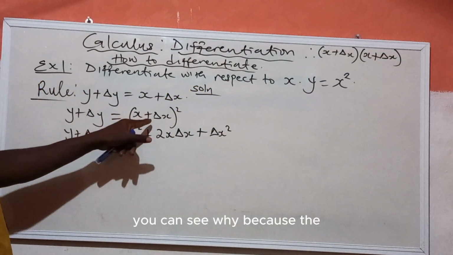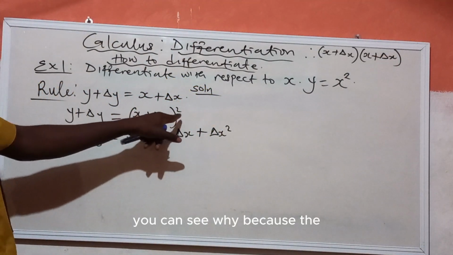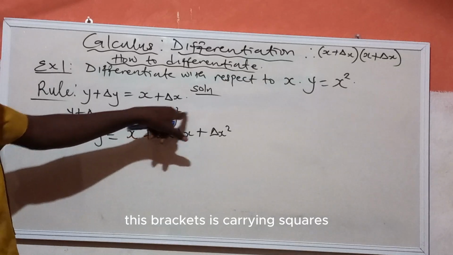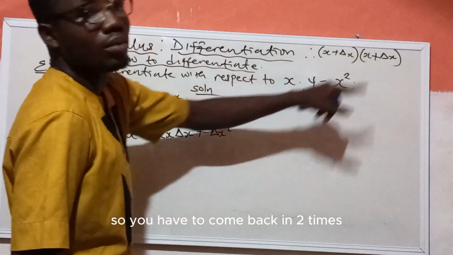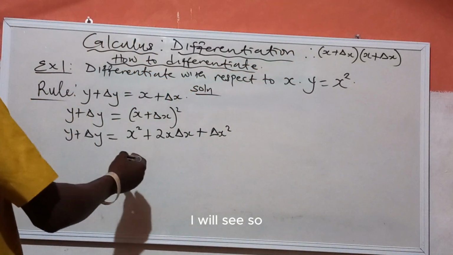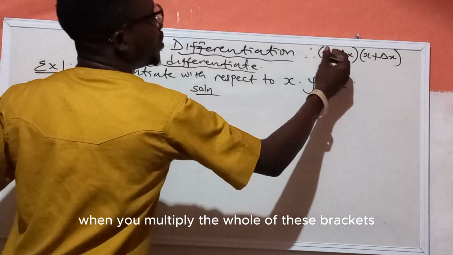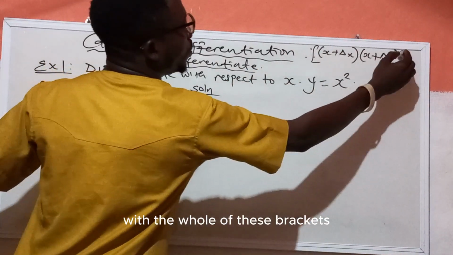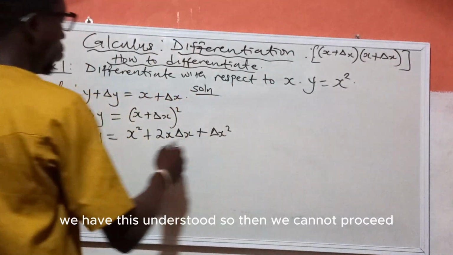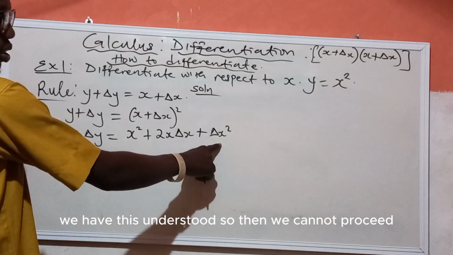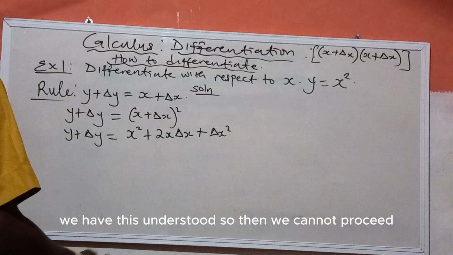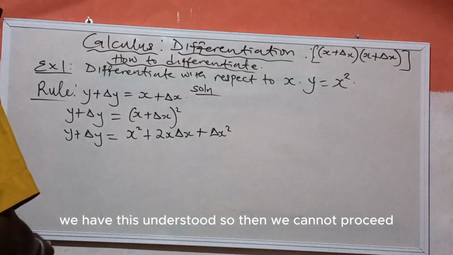You can see why, because this bracket is carrying squared, so you have to write it 2 times. So when you multiply the whole of these brackets with the whole of these brackets, we have this. Understood?